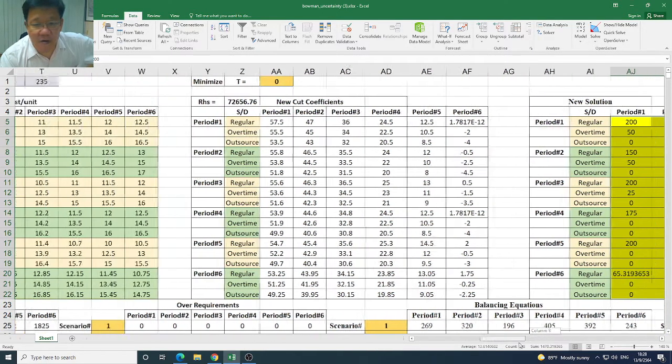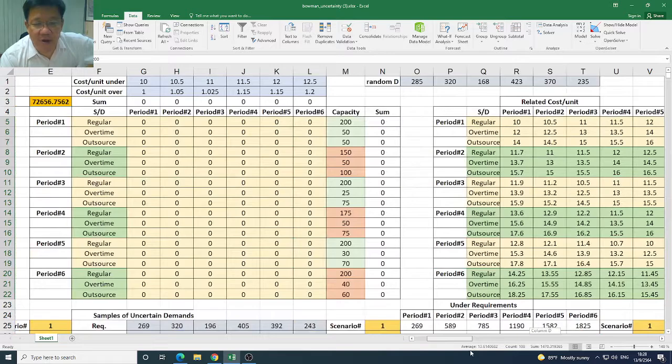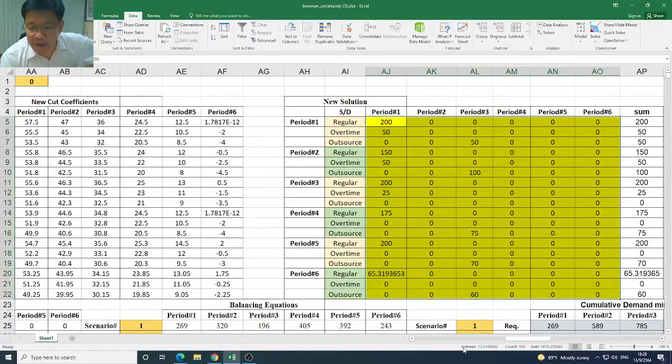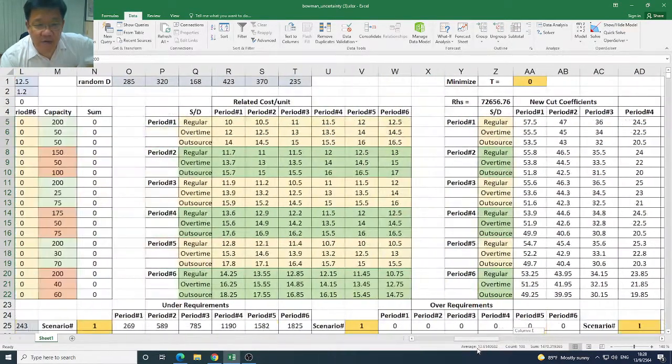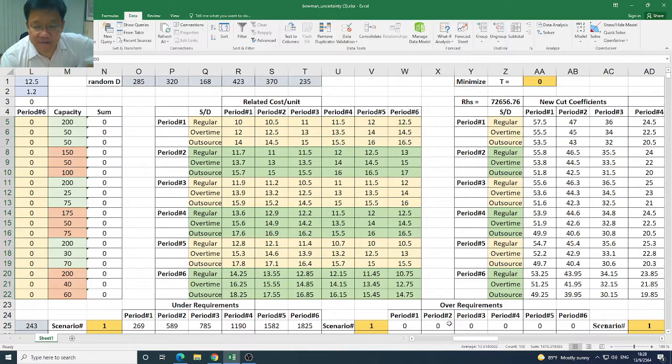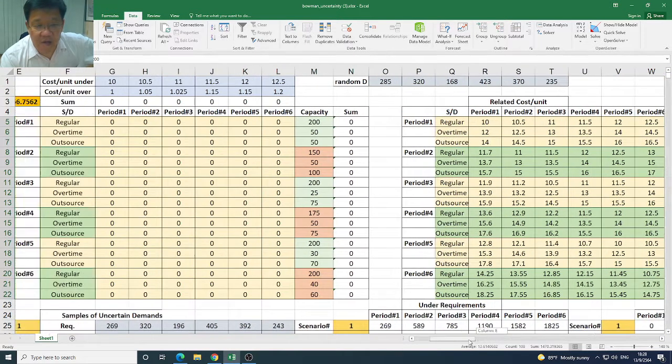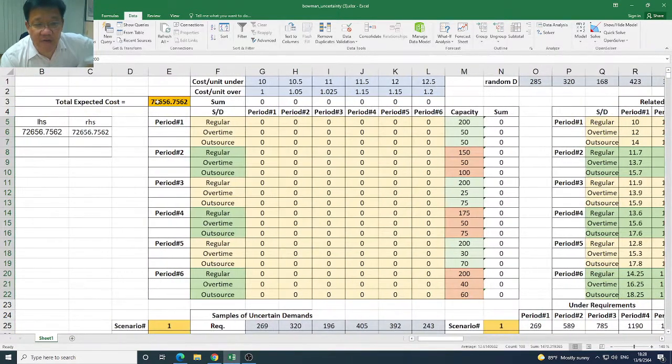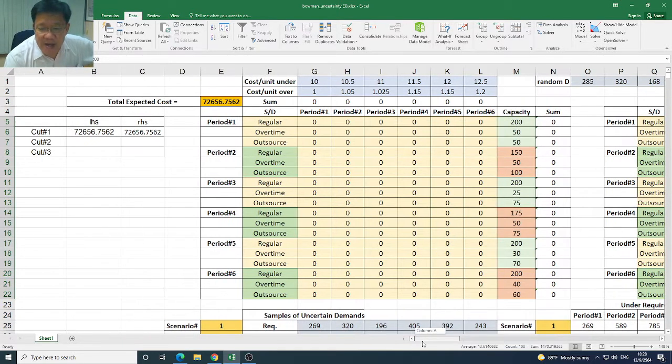But before you replace the old solution with this new solution, we still don't know what the objective function is. This is your old objective function, 72,656, and now you can see that the Benders cut constraint has become feasible already.